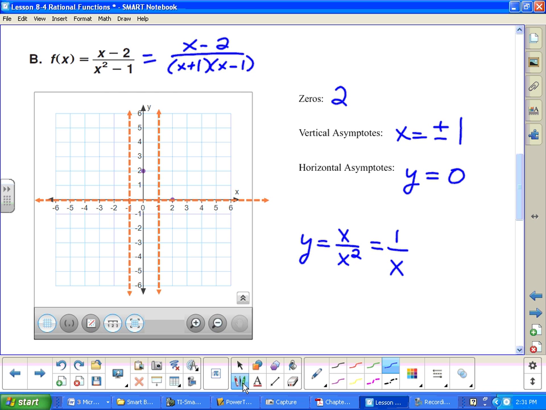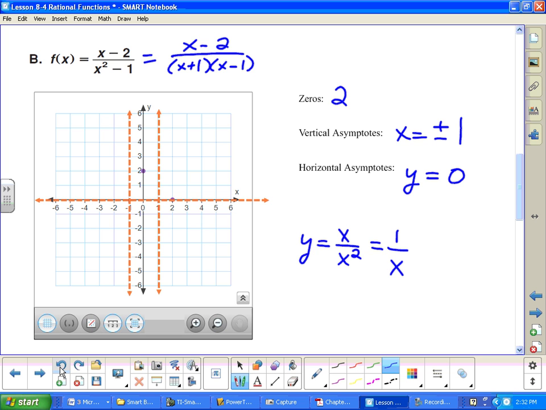So to the left of -1, either the graph is going to be in the second quadrant, or it's going to be in the third quadrant, depending on whether the y values are positive or negative. Okay? Because it's going to look like 1 over x. So now, how do I figure that out? Easy. We put a number in for x.